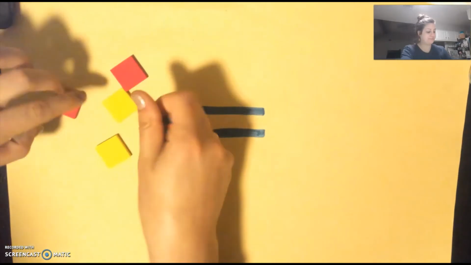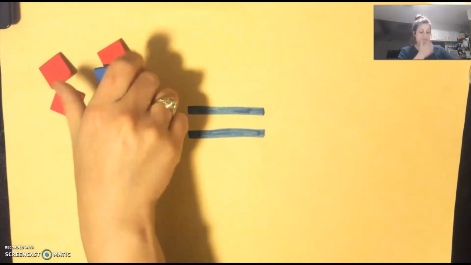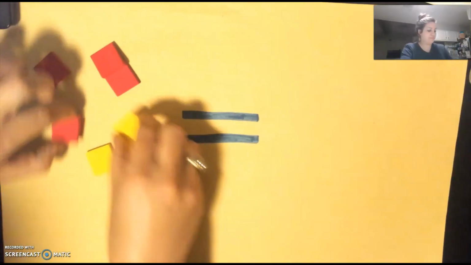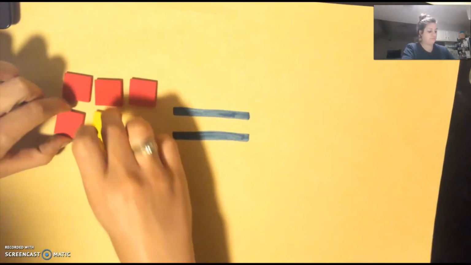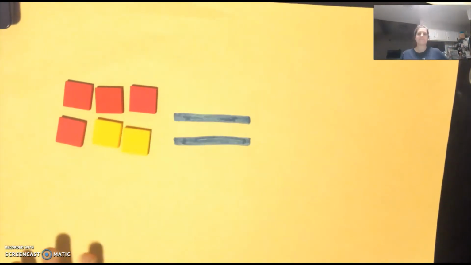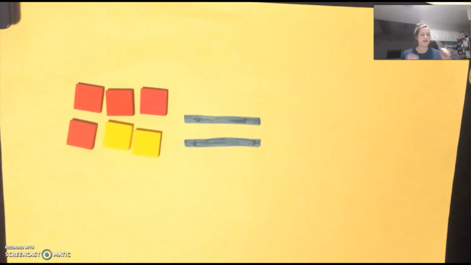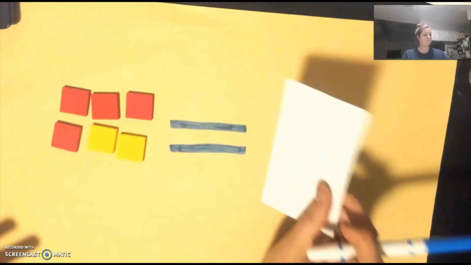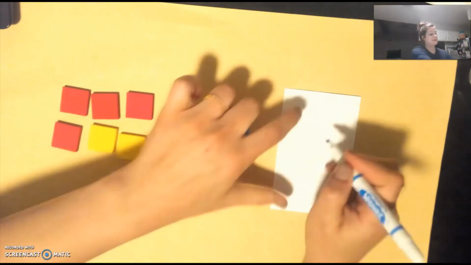I'm going to use some counters. Okay, let's do that. How many do I have? I have 6, right? So if I have 6 over here, what do I have to have over here? 6.